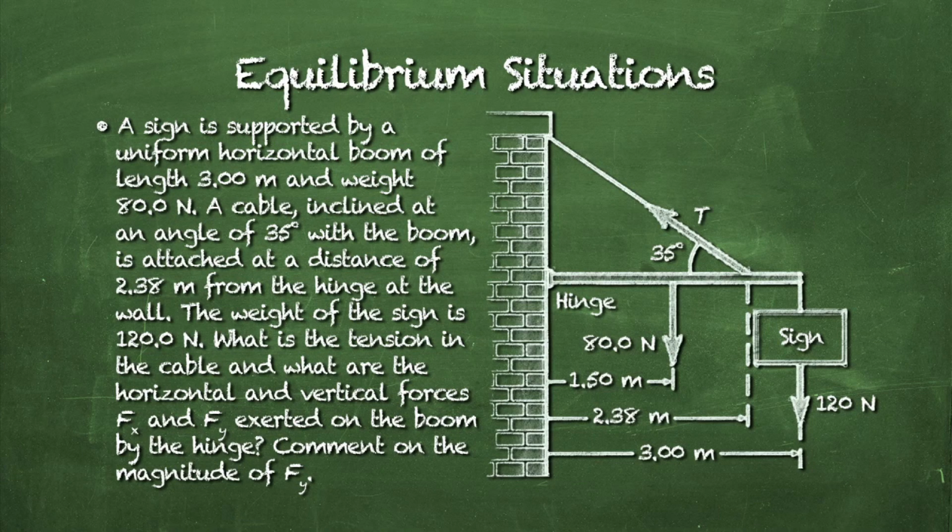The boom is going to be our central object in this situation. So please model the situation, meaning draw your diagram, list your knowns and unknowns, and write down your equations, and start solving for the questions that you were asked.